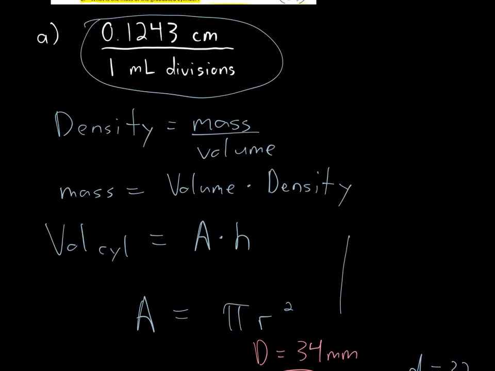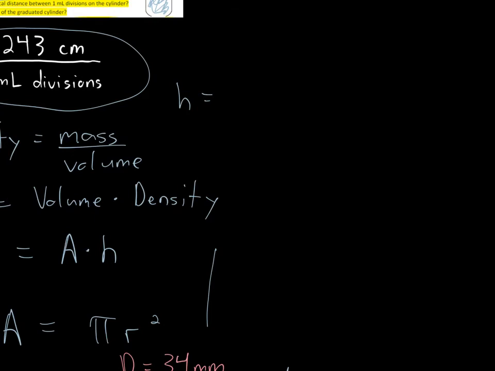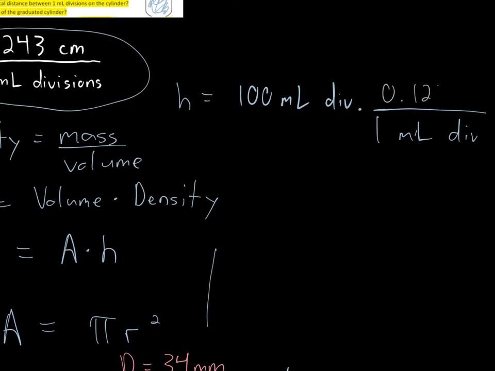So to get our height, the height equals 100 milliliter divisions, we have that many for how tall it is, multiplied by 0.1243 centimeters for every 1 milliliter division, and we get our height to be 12.43 centimeters.